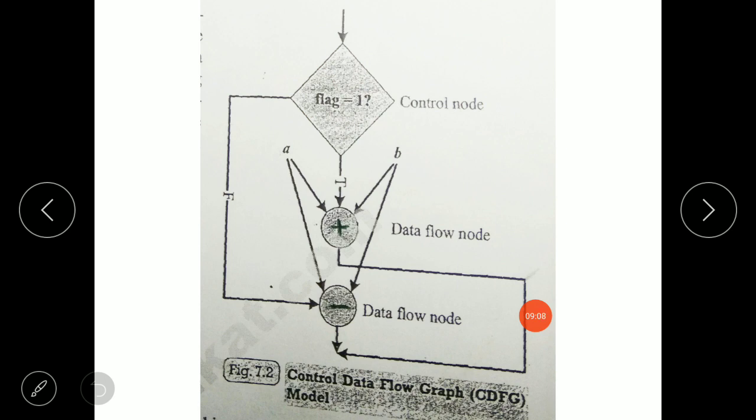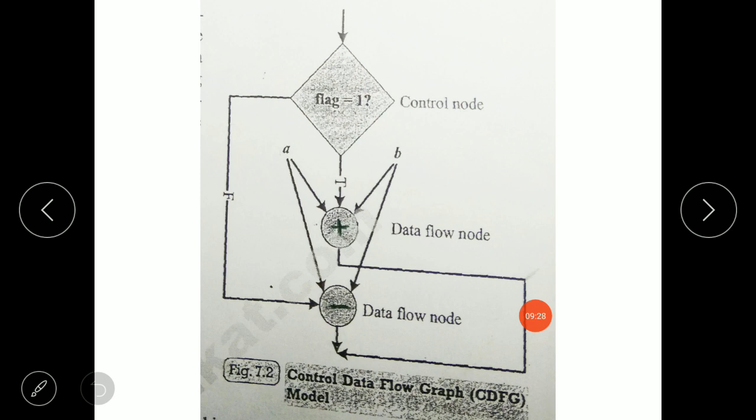It uses data flow graph as element and conditionals as decision makers. So it contains both data flow nodes and decision nodes, whereas the data flow graph that we discussed earlier contains only data flow nodes.